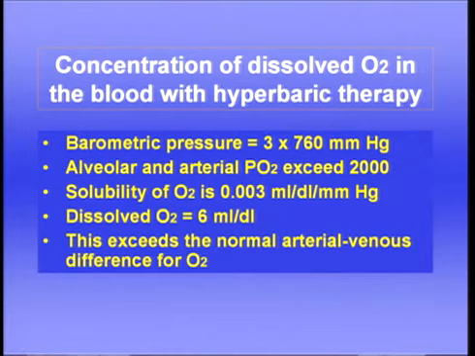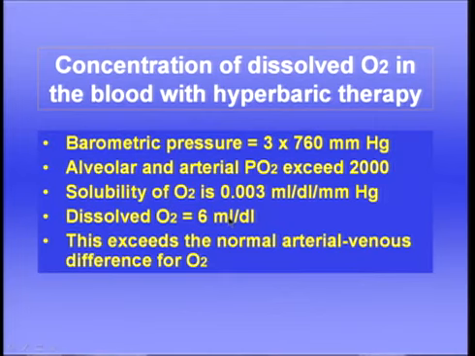Very high value. You recall that the solubility of oxygen is 0.003 mils of oxygen per deciliter per millimeter of mercury. And you can see then that if you increase the pressure to 2,000, the dissolved oxygen, not attached to hemoglobin, is 6 mils per deciliter.